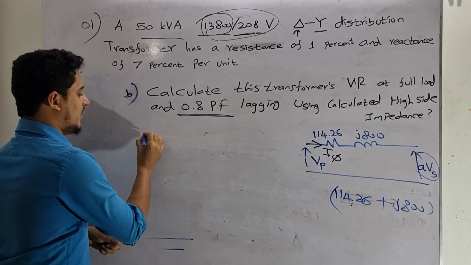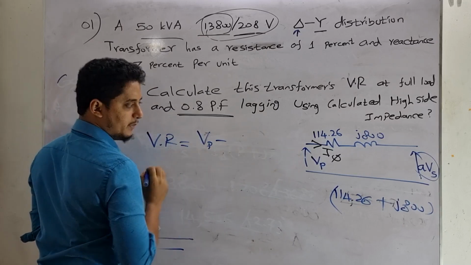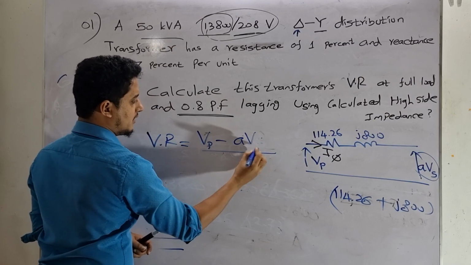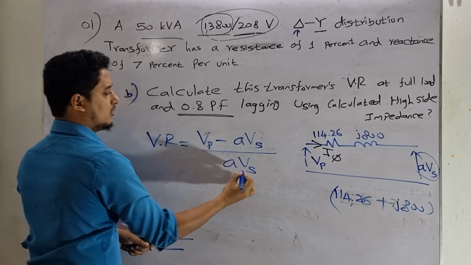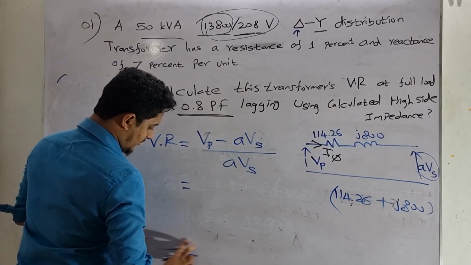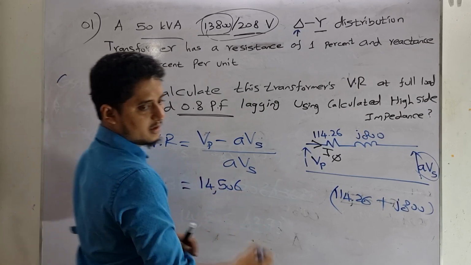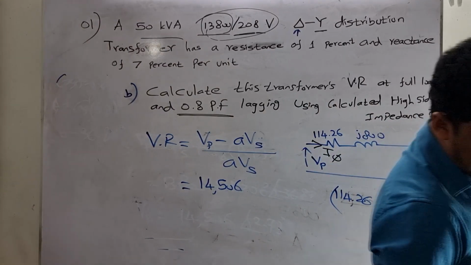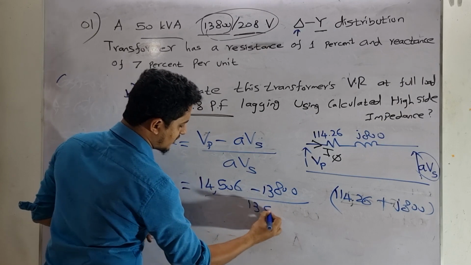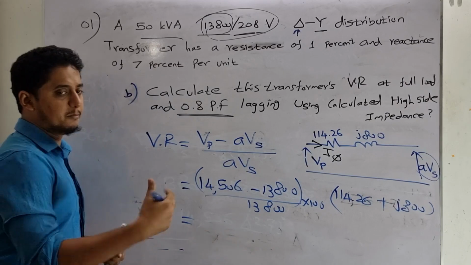So voltage regulation is equal to, from this equivalent circuit, Vp minus A into Vs divided by A into Vs, referred to the output voltage. Okay. So Vp is 14,506 minus 13,800, divided by 13,800, multiplied by 100, so it is expressed as a percentage.